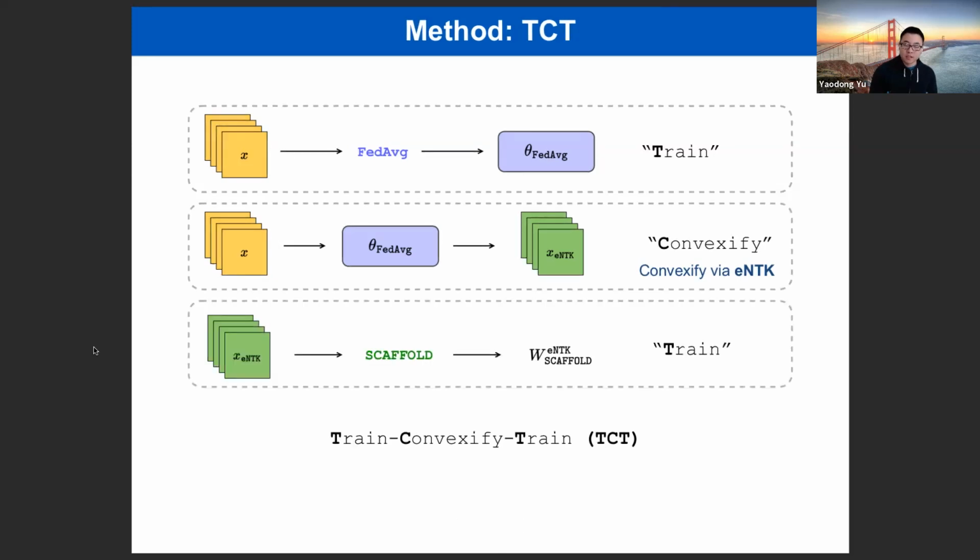Using these ENTK features, we solve an overparameterized linear regression model, using SCAFFOLD to solve for this W matrix. The first training is non-convex, we convexify the model through ENTK, and the last step is training a convex model.